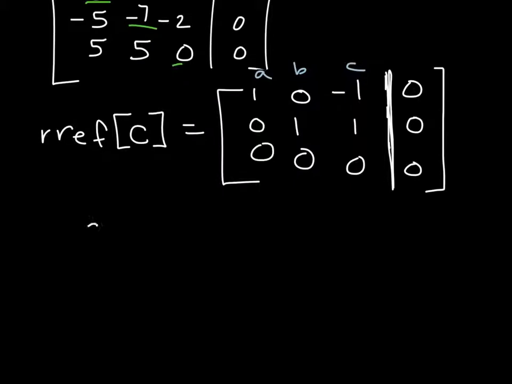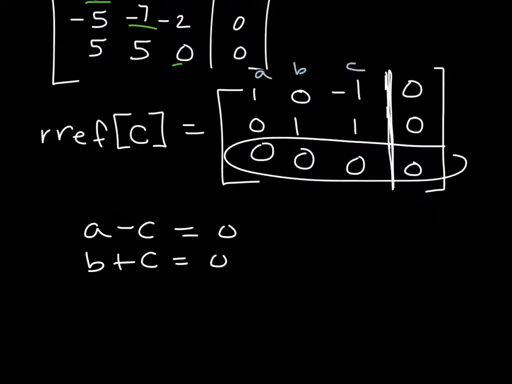Well, it looks like A minus C equals 0, and B plus C is equal to 0. And then that last row just says 0 equals 0, which is a true statement, so we don't have to deal with that part.